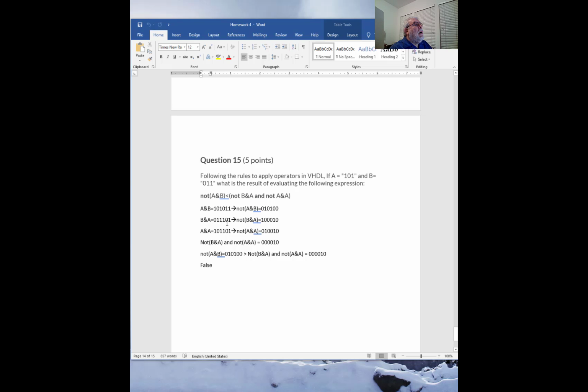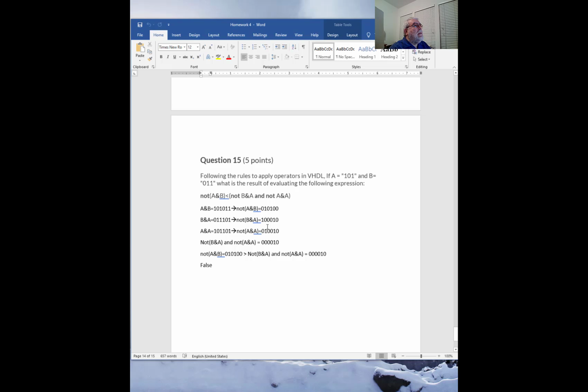Okay. And then we negate that because we need to compare the negation of A concatenated with B, and this is it. And then we use this operation in which we get not B concatenated with A. B concatenated with A is this, and A concatenated with A, and not.